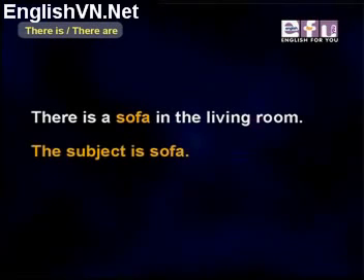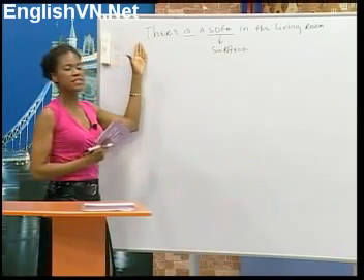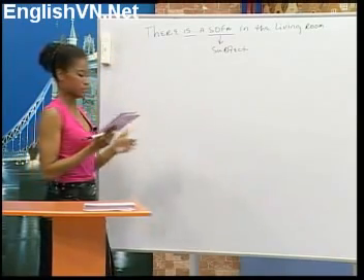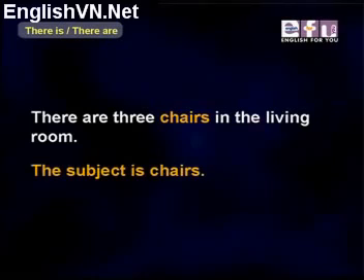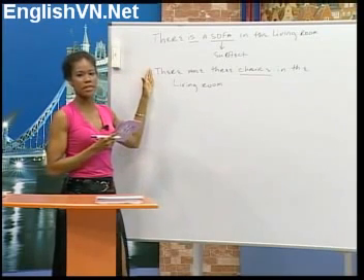There is a sofa in the living room. In this sentence, the subject is sofa. It follows the verb to be when there is used. So there is a sofa in the living room. And there are 3 chairs in the living room. The subject is chairs. There are 3 chairs in the living room.